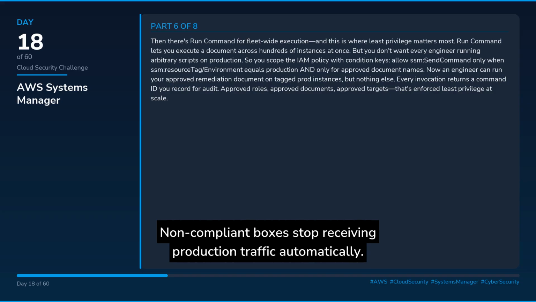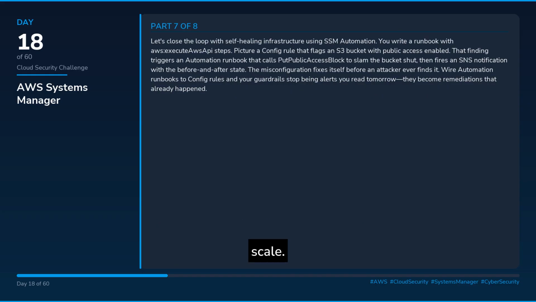Allow ssm:SendCommand only when ssm:resourceTag/environment equals production and only for approved document names. Now an engineer can run your approved remediation document on tagged prod instances, but nothing else. Every invocation returns a command ID you record for audit. Approved roles, approved documents, approved targets, that's enforced least privilege at scale.